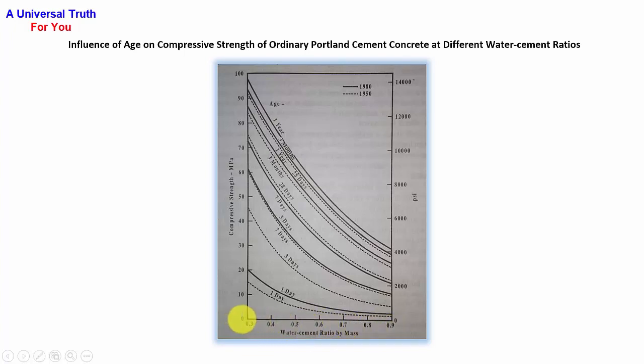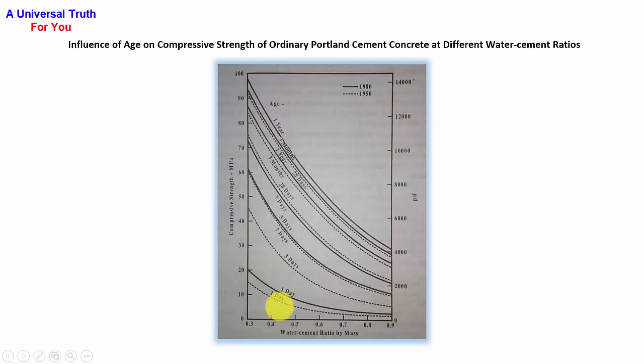In y direction it is 0, 10, 20, 30, 40, 50, 60, 70, 80, 90, 100. And the other side of PSI is 0 to 2000, 4000, 6000, 8000, 10,000, 12,000, 14,000.